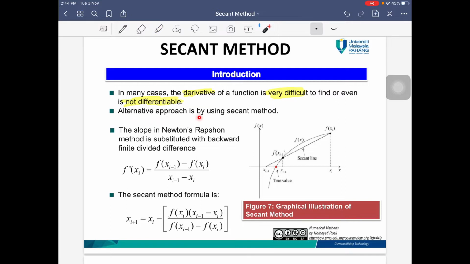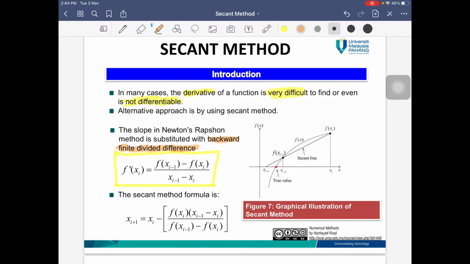An alternative approach is by using secant methods. The slope in Newton-Raphson method is substituted by the backward finite divided difference. So this formula we call the backward finite divided difference formula.